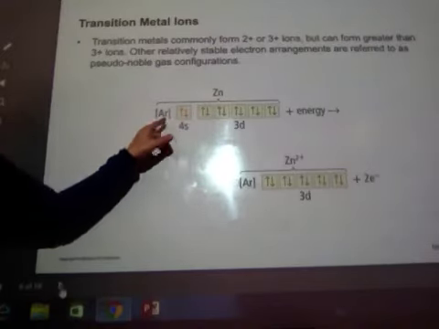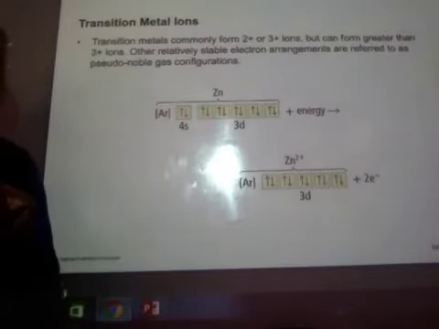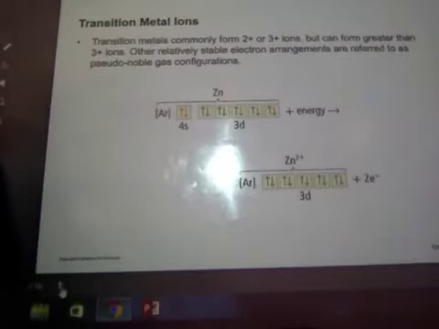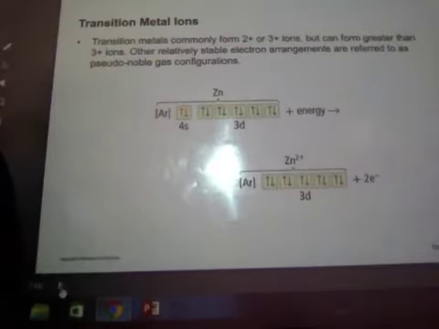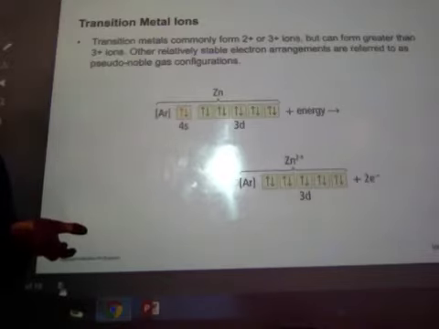Oftentimes, if I'm not showing you the electron arrangement, look at your colored periodic table. And look at manganese, which is pretty much right in the middle of the table. Yep, symbol is Mn.